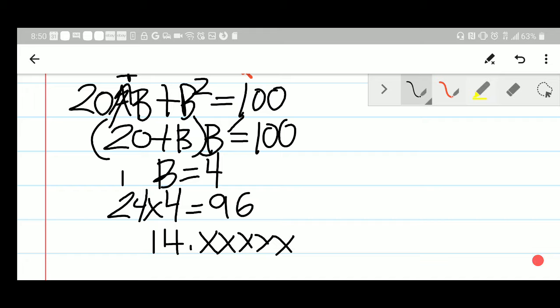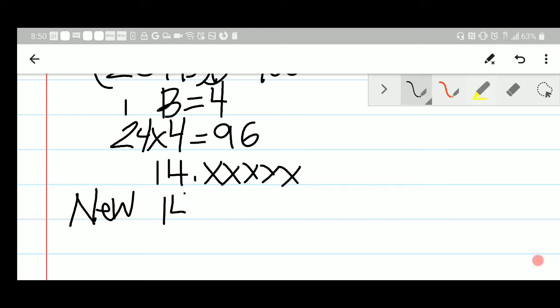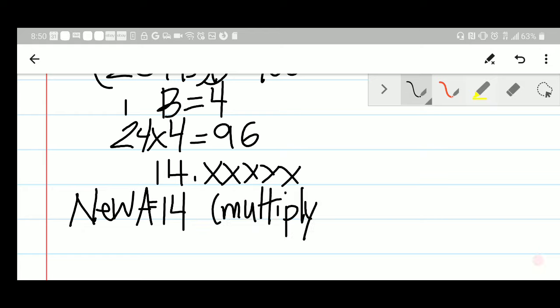Well, what we do is we say our new a is 1, 4. Okay, new a. But in order to do this, you have to multiply by 100. See, it's that same idea of multiplying by 100 or multiplying by 10. 100 in the radical is 10 outside the radical.